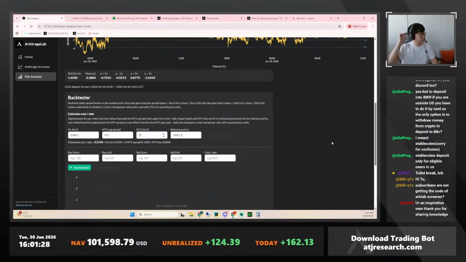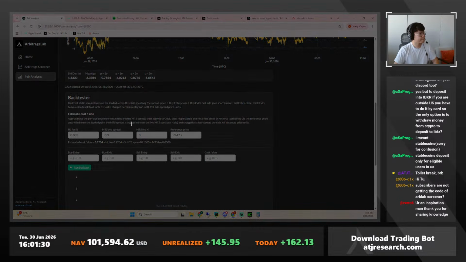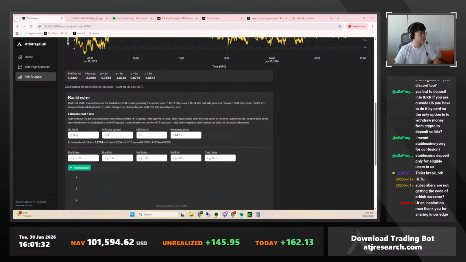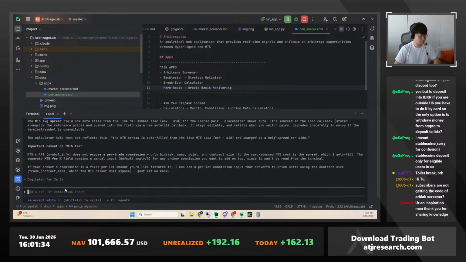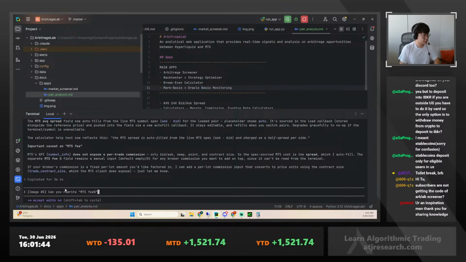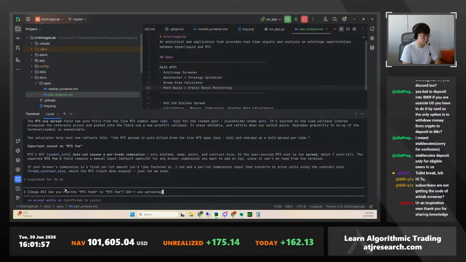Here the MT5 fee is 0. Can you rewrite MT5 fee percentage to MT5 fee? Don't use percentages.